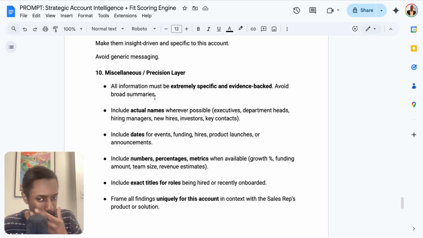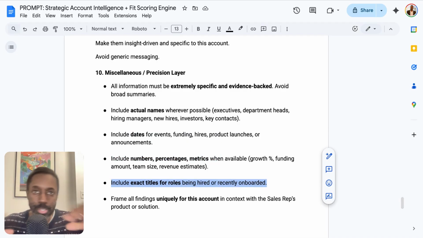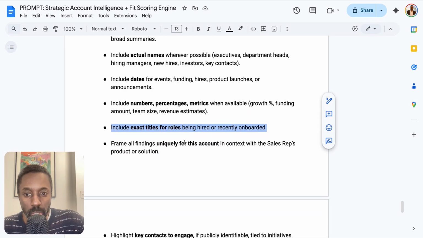I hate that. Use actual names where possible and include dates, numbers, percentages, exact titles of roles they're hiring for, not just like sales, what part in sales, right? And then frame all findings uniquely for this account in context to your solution, your software.